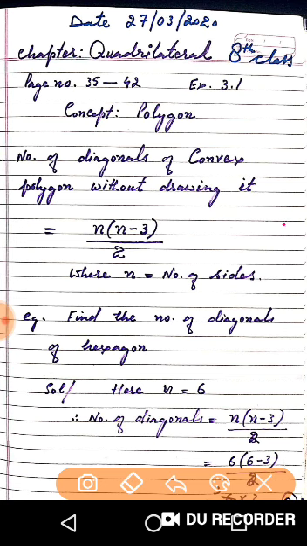Yesterday, I gave you three formulas to find the sum of the internal angles of a polygon, to find the number of sides of a polygon, and to find each internal angle of the polygon.